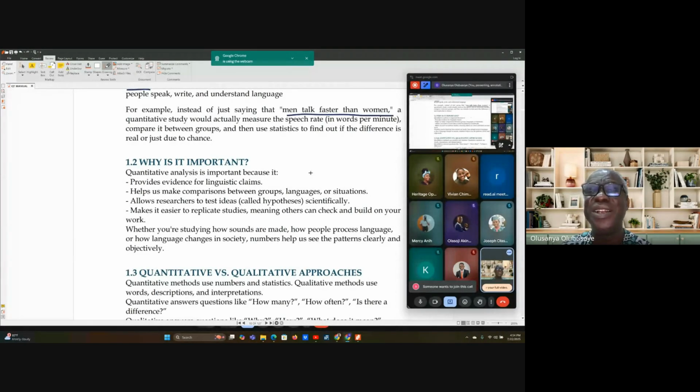But when you put values, then the claim becomes more evident, clearer, and you are able to be precise in your report or your findings. So we study quantitative to provide evidence for whatever claims we make in linguistics.